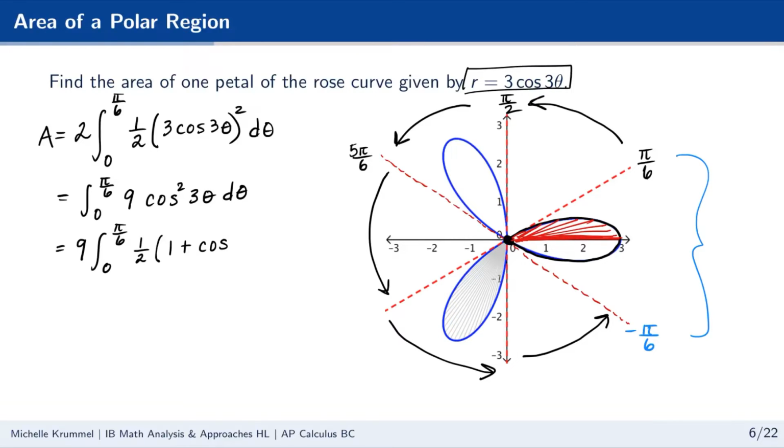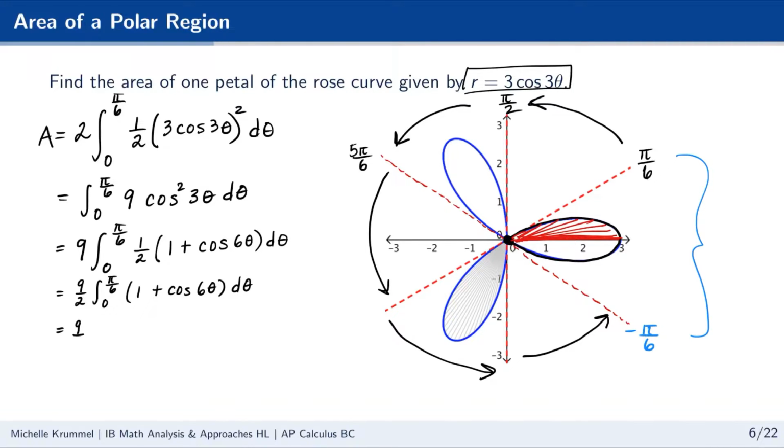Here the angle is 3 theta. You have to double that. So 6 theta d theta. The 1/2 is a constant multiple. It can come out. So 9 over 2, integral 0 to pi over 6, 1 plus cosine 6 theta d theta.